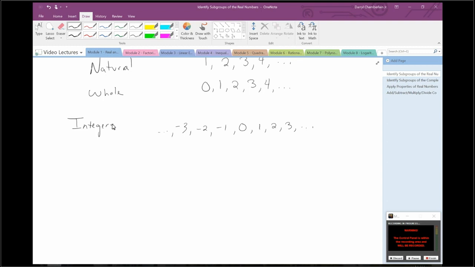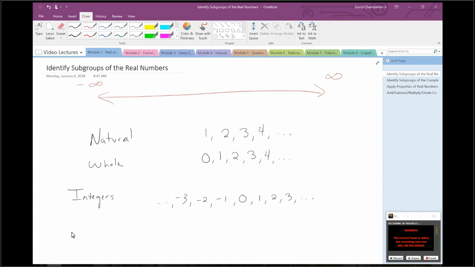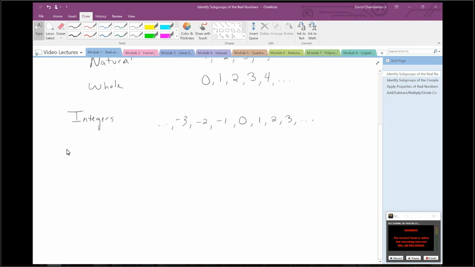And we get the integers. So if we think about this number line, we're still missing a lot of things. Right? We have these nice spots, but we're still missing large chunks of numbers in between. And for that, we need fractions, what we're going to call the rational numbers.